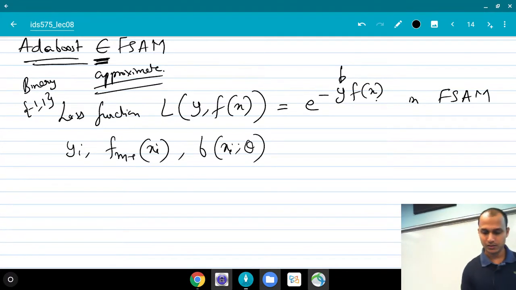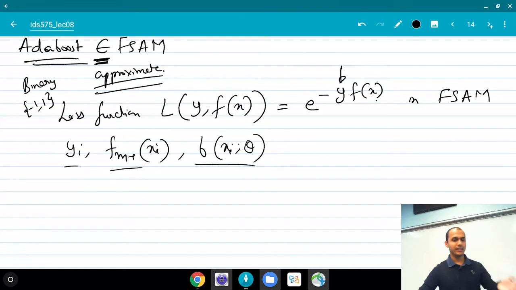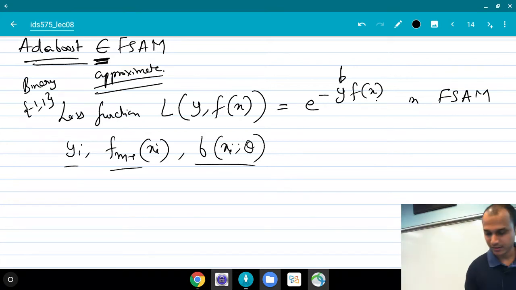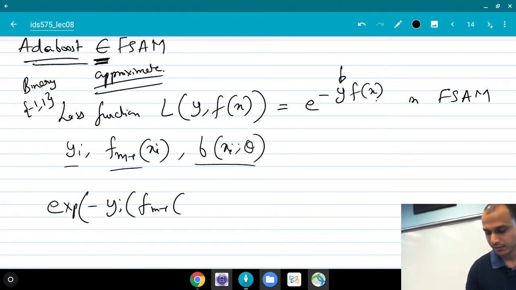For the ith observation I have three things: yi, which is the target, my previous predictions, and what is left, which I hope to optimize. For this, the loss function is e to the power minus yi times fm minus 1 of xi plus b of xi at theta.